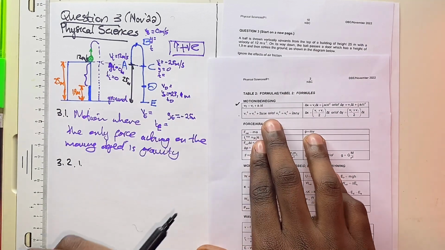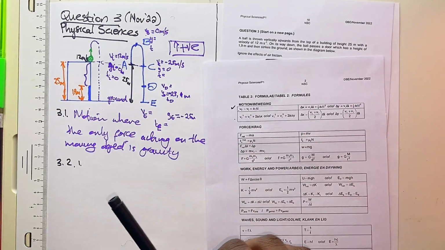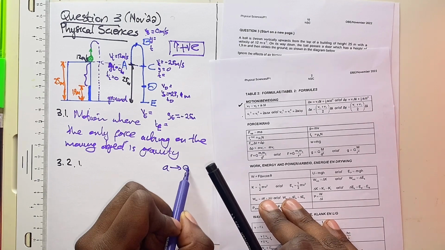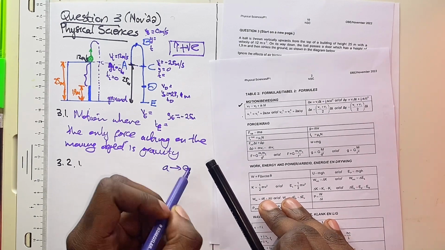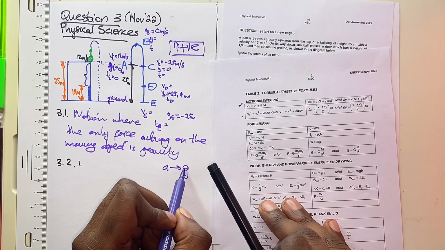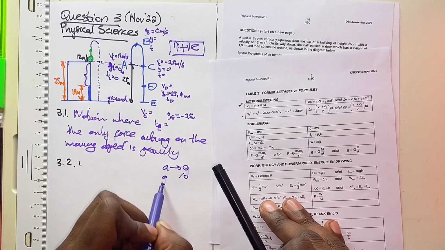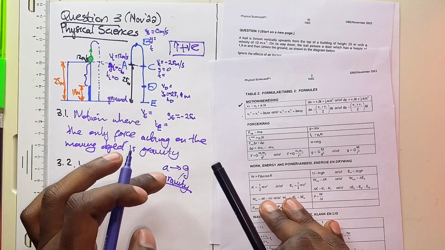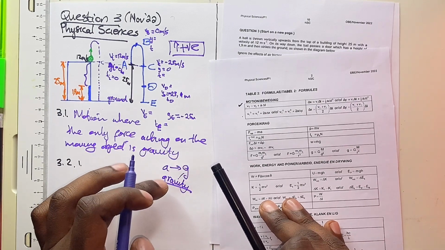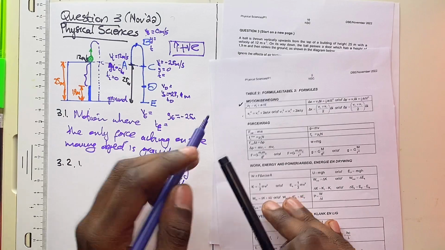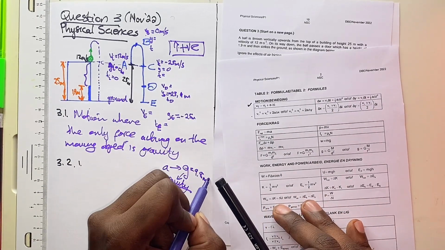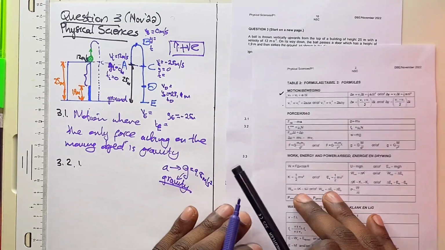So we will substitute g in place of a and take the gravitational acceleration, because our ball is in free fall and the only force that is acting on it is gravity. Therefore, we use gravitational acceleration, which is equal to 9.8 meters per second squared.